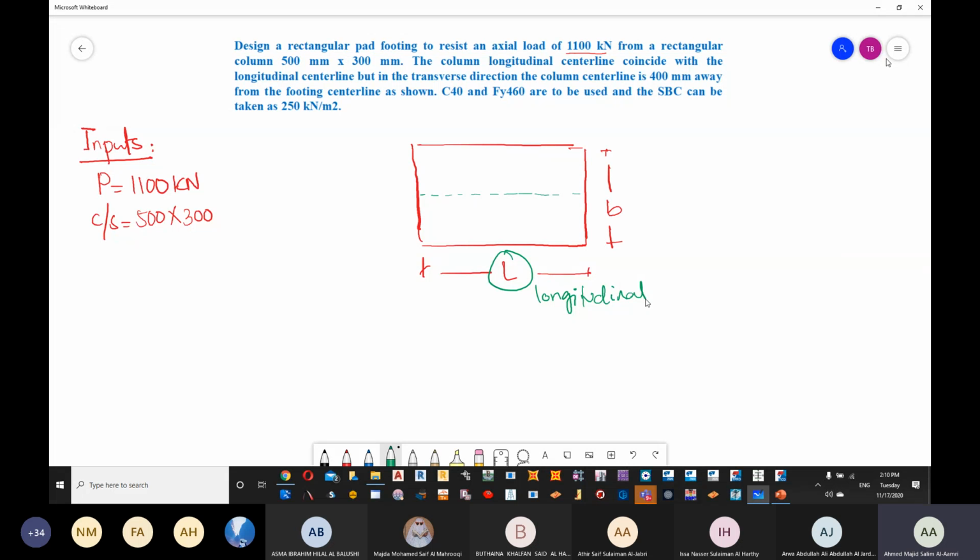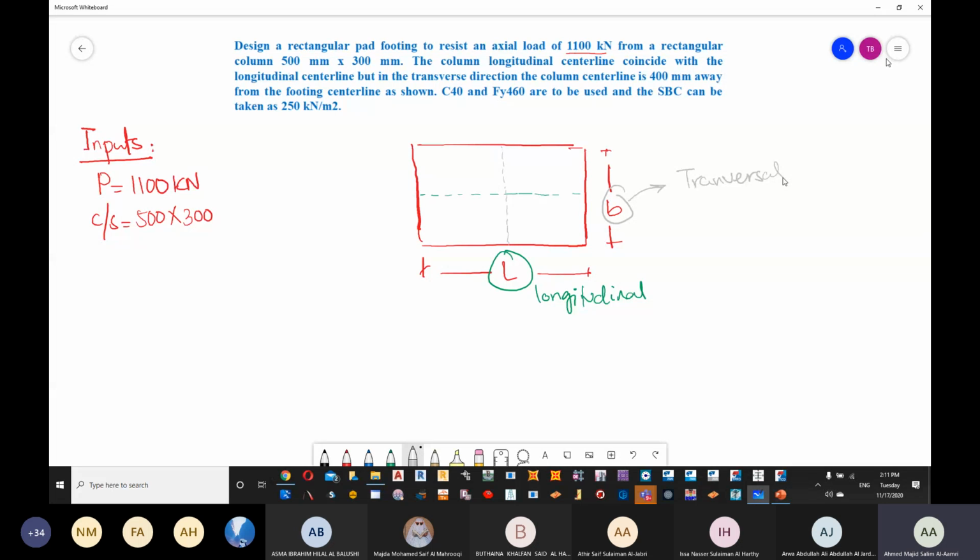The other direction we call transversal. Those who have used software will know that in most cases we use transversal and longitudinal, especially for the reinforcement.